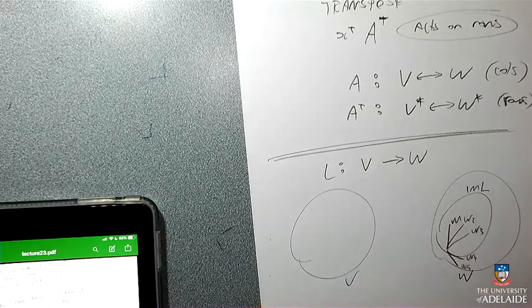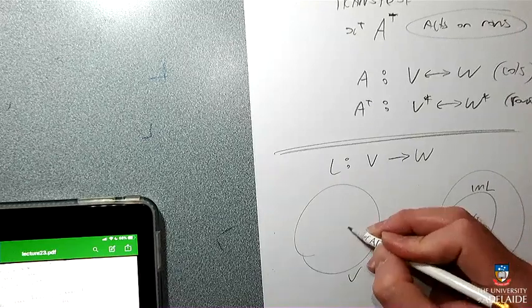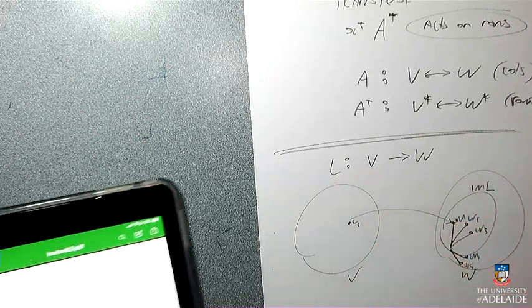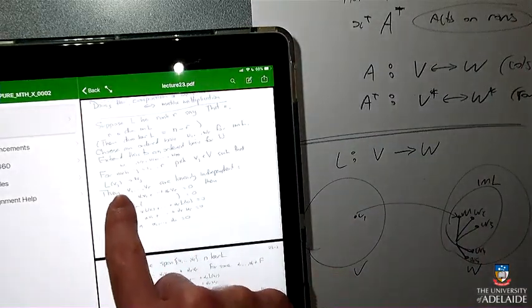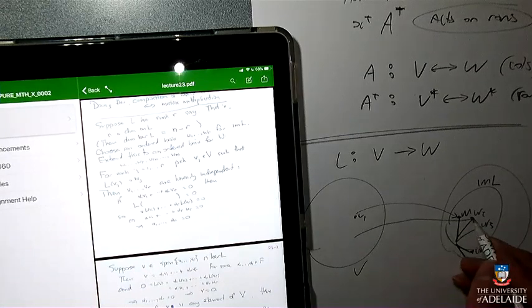And then we go over here and we choose V1 to end up at W1. That was this point here. And V2 ends up at W2.